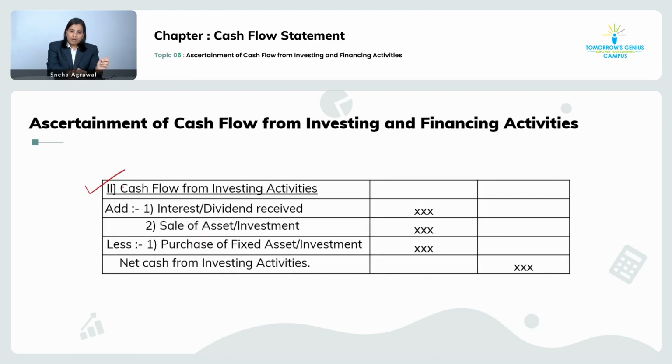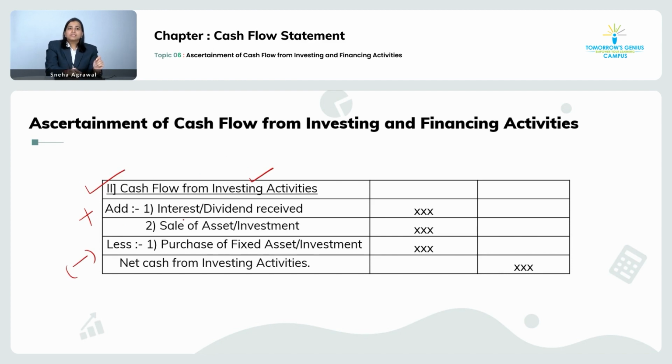If we check the format for cash flow from the investing activity, the cash inflows are to be added and whatever are my cash outflows are to be deducted. What are the cash inflows from the investing activity?